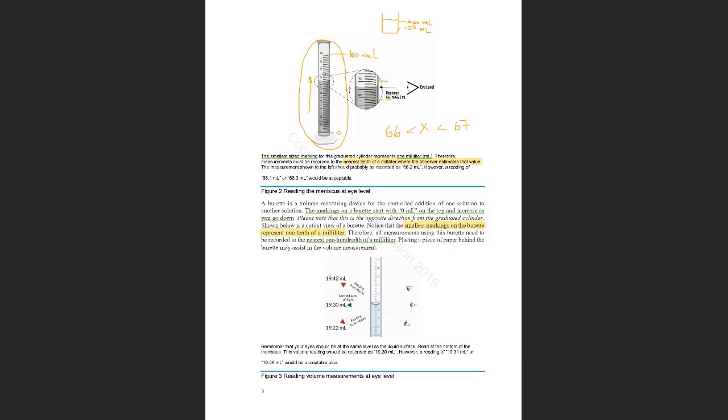We have to estimate one digit. In order to estimate, we look, is it closer to the 66 or closer to the 67? In this case, it's closer to the 66. So our value is 66.2 mL. So the same thing as we did with the ruler, we do with the graduated cylinder.